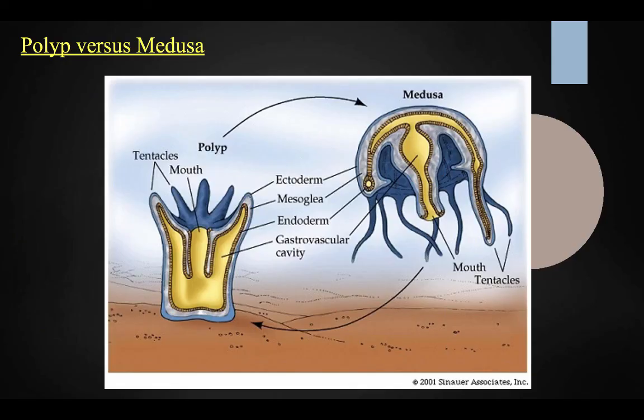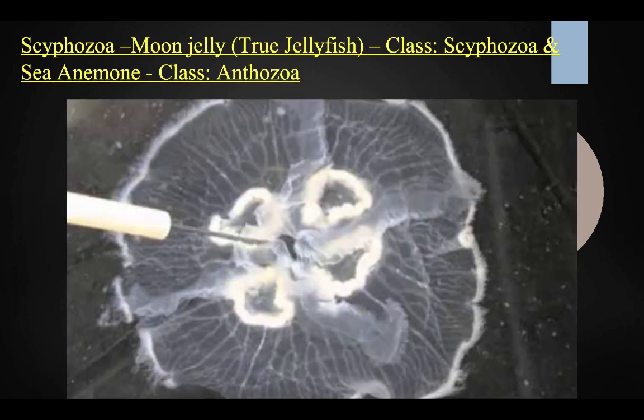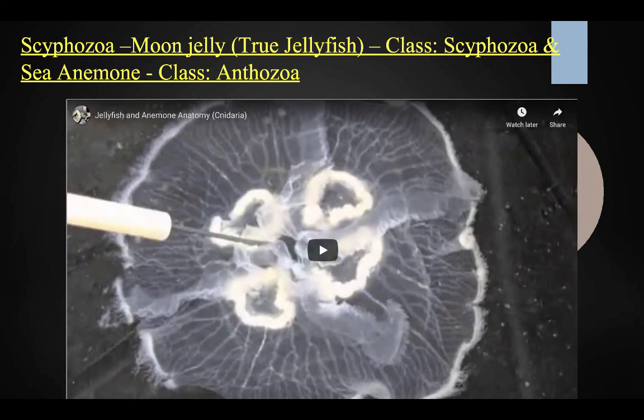And this is just showing you the difference between the polyp, where everything goes up, and the medusa, where everything goes down. So I have a few videos at the end, and I haven't done it for all of them because I really didn't feel like some of the things, for instance, if you're looking at a plant, to me, it's not much difference between watching a video of a plant and looking at a picture.